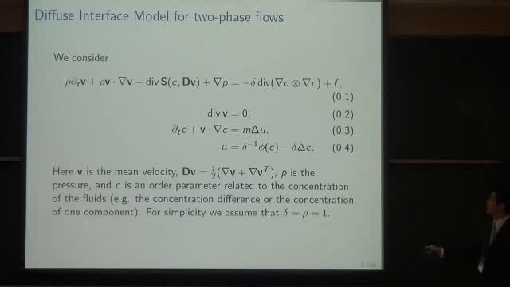But because m is positive, there is a diffusive effect. This is the main property of the diffuse interface model.